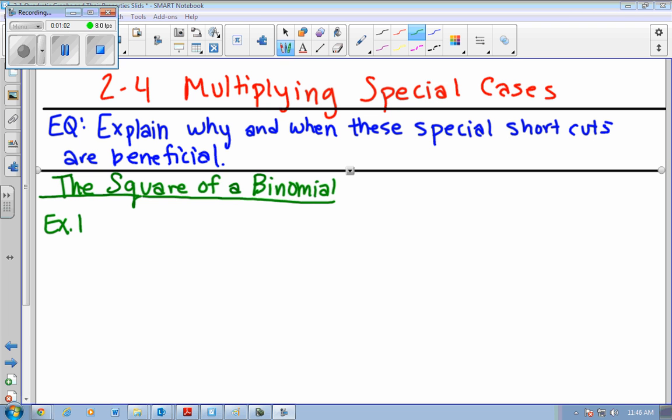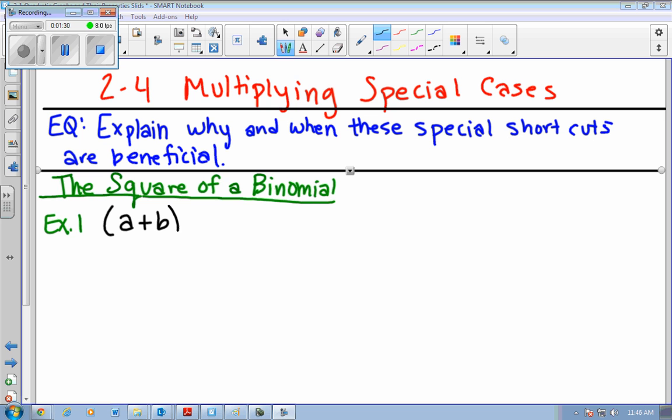Can anyone give me an example of a binomial? 2x plus 1, because 2x is one term, 1 is the other term. So it has two terms, and the prefix bi means 2. Okay, we can even use that one in a little bit.